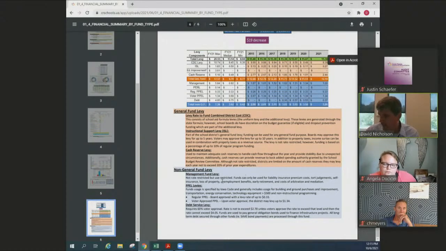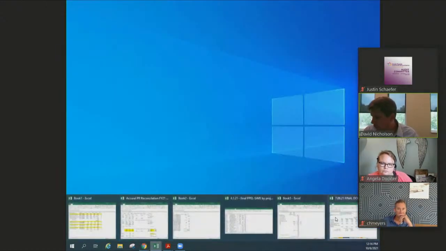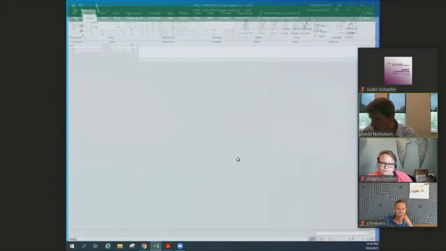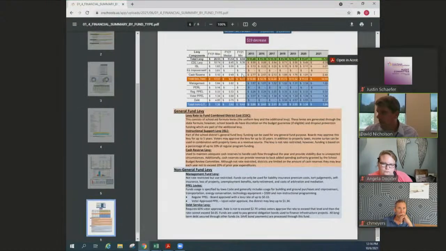That can come out of the management fund levy. For FY 21, our levy was $1.22. For FY 22, our management fund levy was $1.44, so it did increase a little bit for next year.